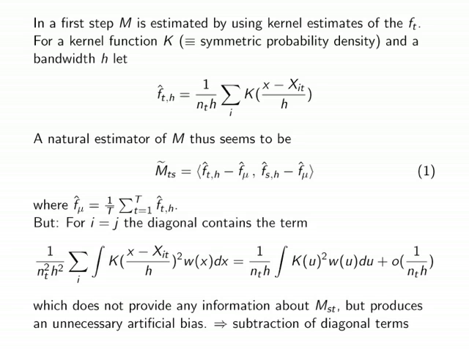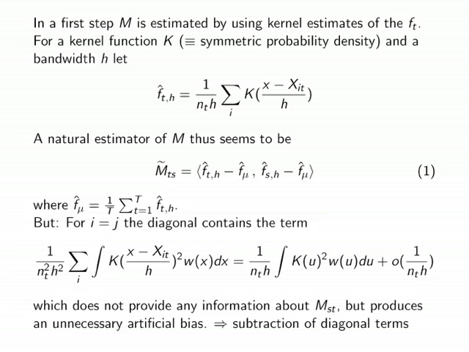Except that we make a small modification. If i is equal to j, then on the diagonal you would get terms like this, where the true density doesn't come in at all, only the kernel k.